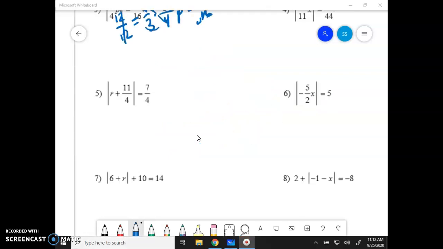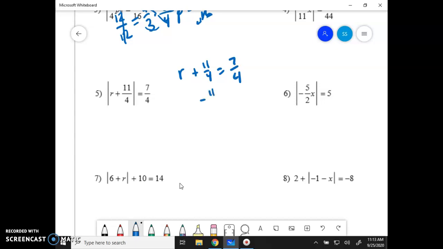Okay, number 5, I'll show you guys two ways to do this. One way is you could simply use your calculator, and this is just subtraction, or it will be eventually just subtraction. You can certainly set up two equations, r plus 11/4 equals 7/4, and then set up the other one to its opposite.